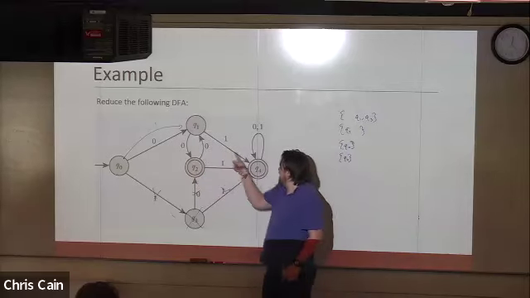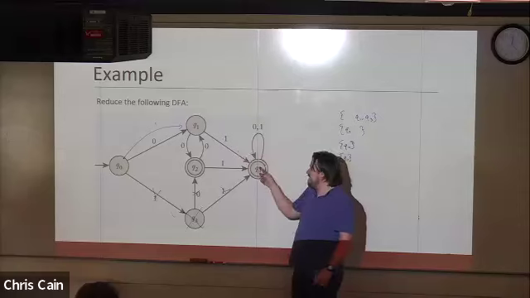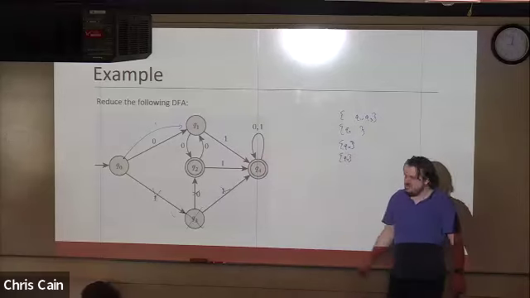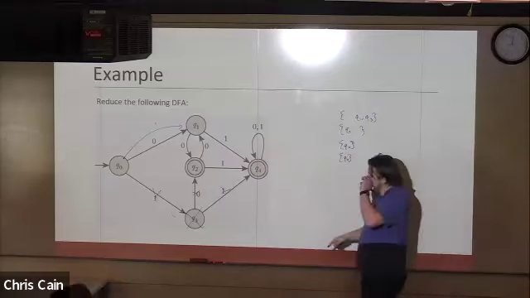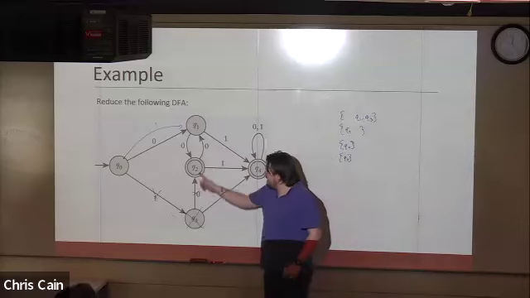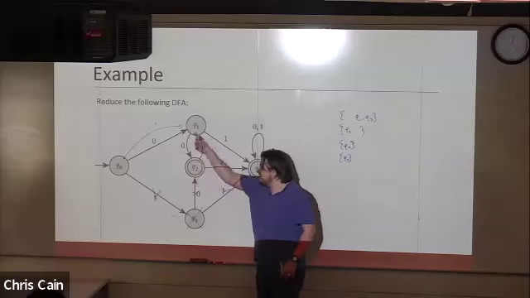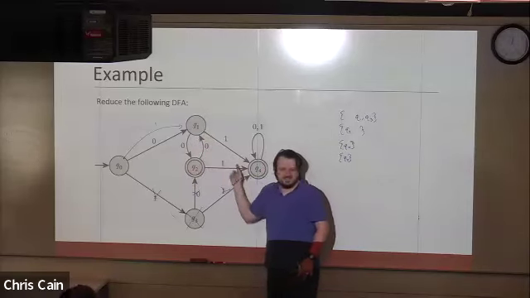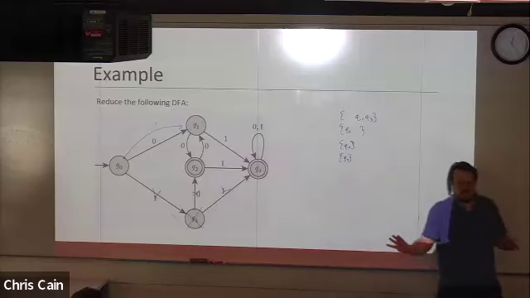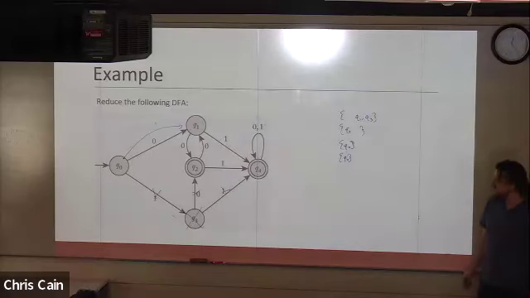Or a 0 and a 1. Once we see that 0 and a 1, then we can see anything and accept. But if we see 2 straight zeros, we do need both of these just for that case of however it is that we got to Q2. We need to see an even number of zeros to accept, or without a 1. If it's ending in zeros, it needs to have an even number of those zeros at the end. Or a 1.